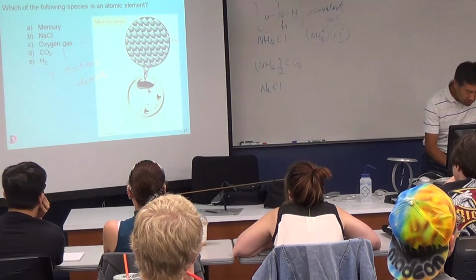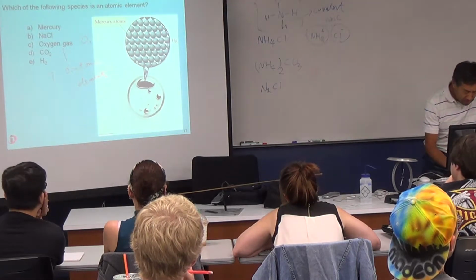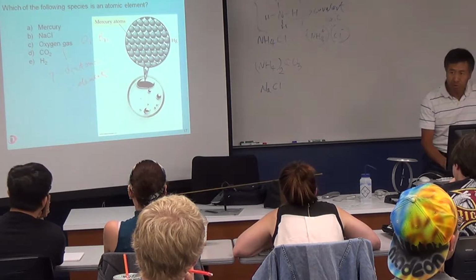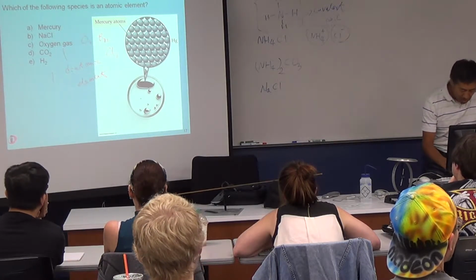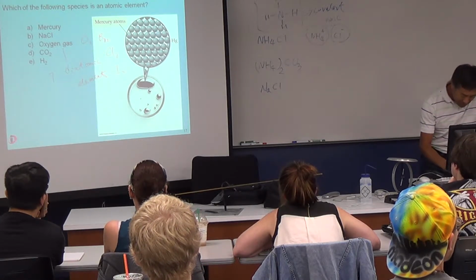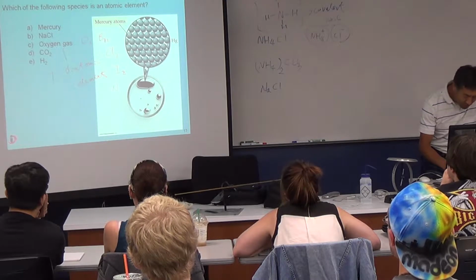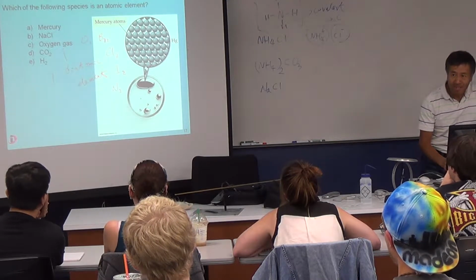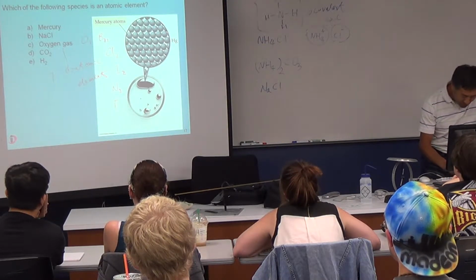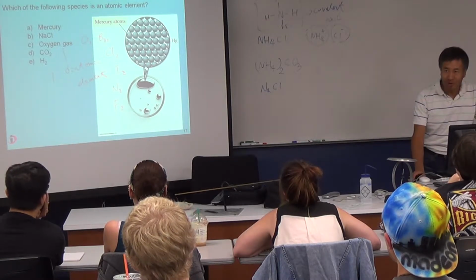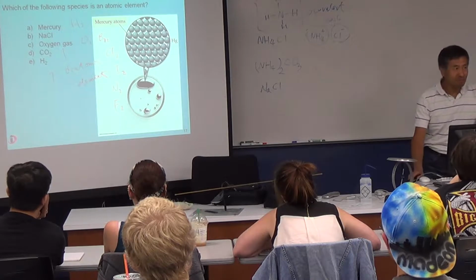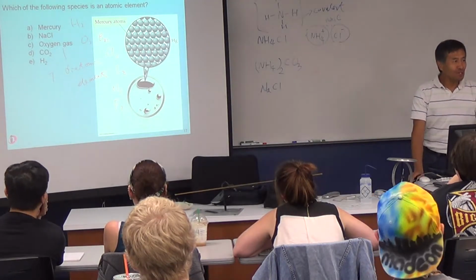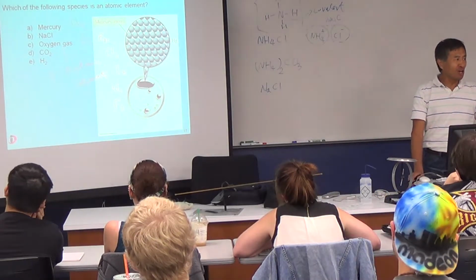O2 is one of them. Bromine, Br2. Chlorine, Cl2. Iodine. Then you have N2. Fluorine, F2. And there's one more, hydrogen, H2. So these are the 7 diatomic.